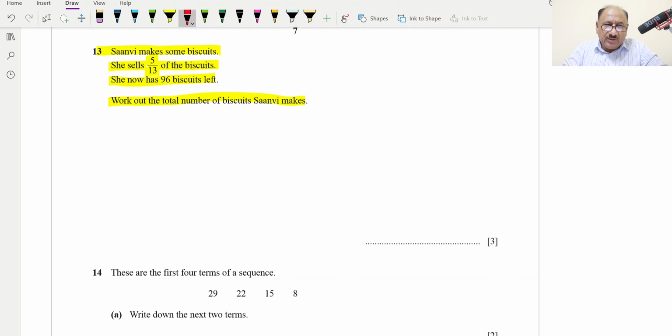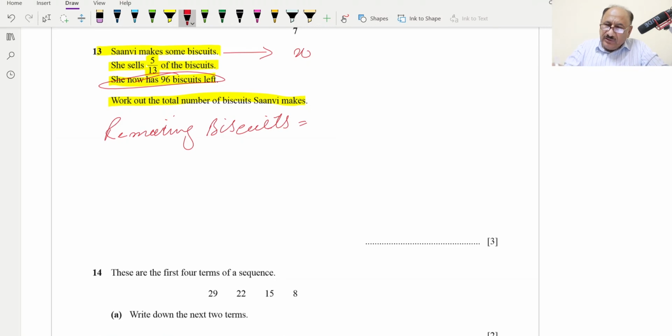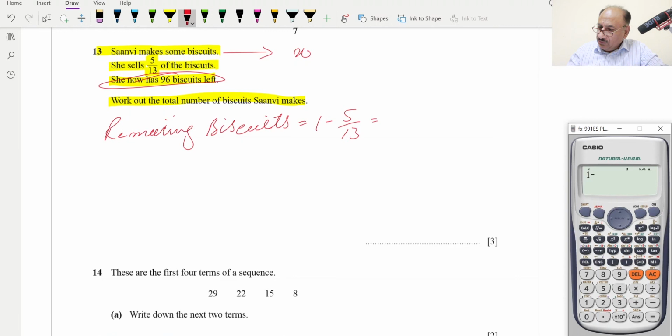So let us suppose that the biscuits made were x biscuits in total. 96 biscuits are left, so the remaining biscuits will be 1 minus 5 by 13. We can write this in working over here: 1 minus 5 over 13 is equal to 8 over 13.